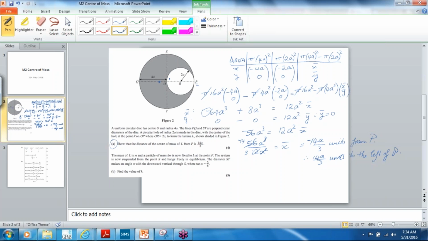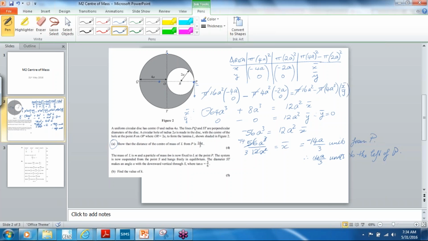And a particle of mass km, which is k lots, a multiple, of our lamina, is now fixed to L at the point P. So we're going to attach a mass here. Now if we attach a mass, that's going to cause the centre of gravity to move across.